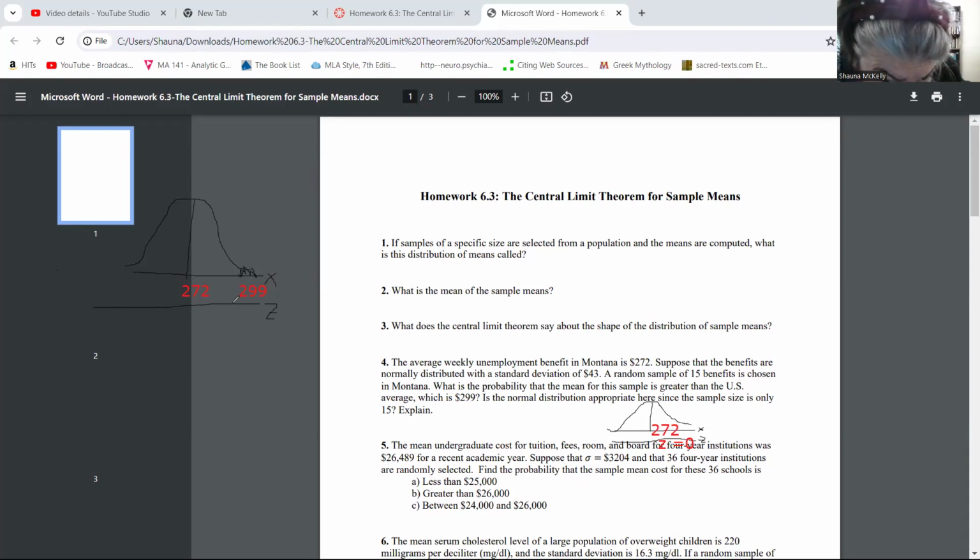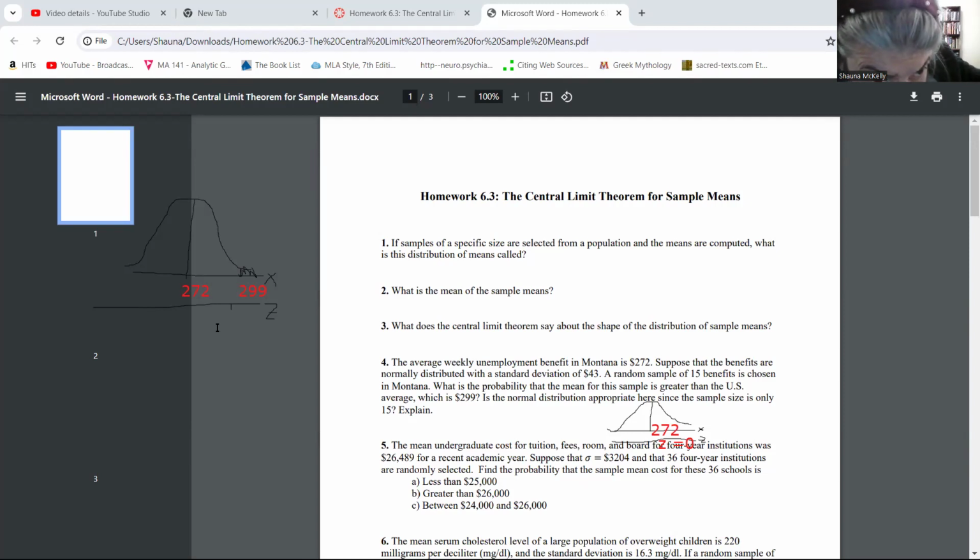This Z corresponds to the Z that we got in the calculator, which was 2.43.